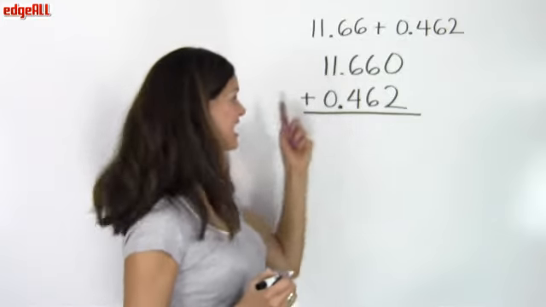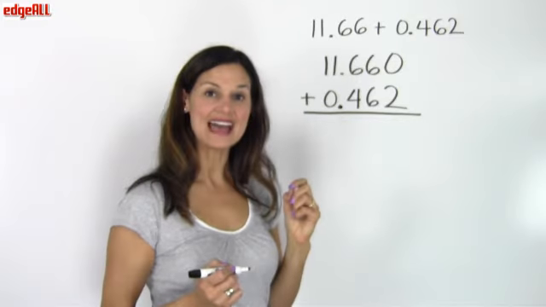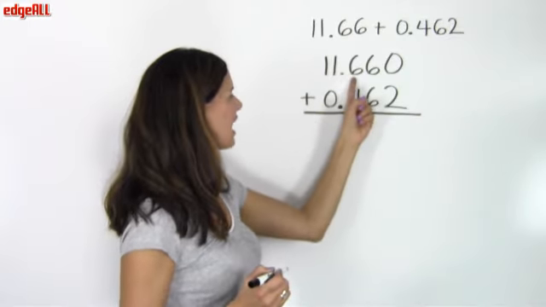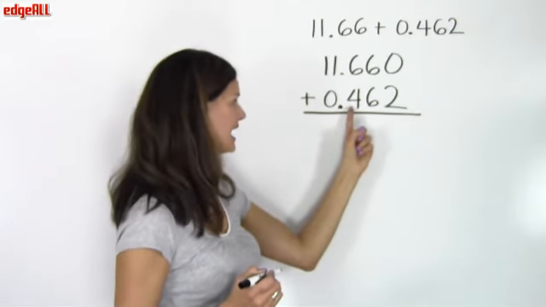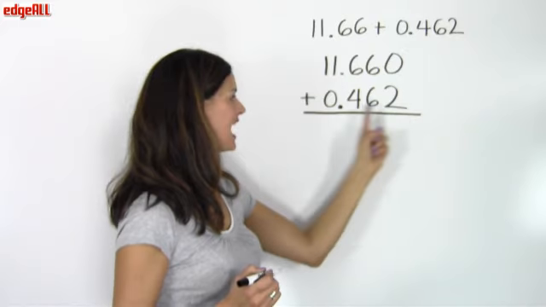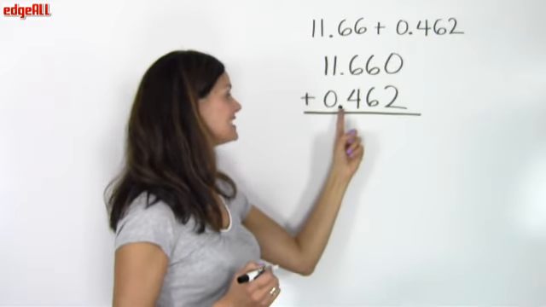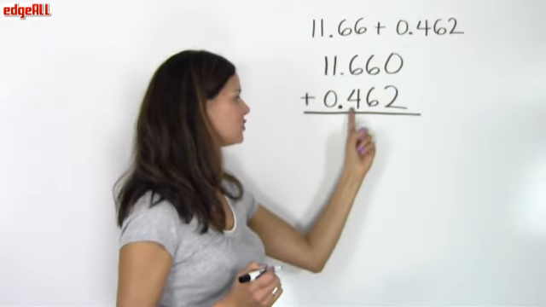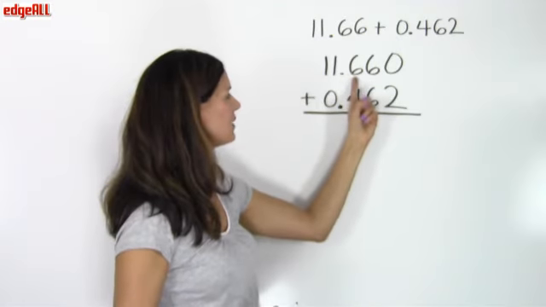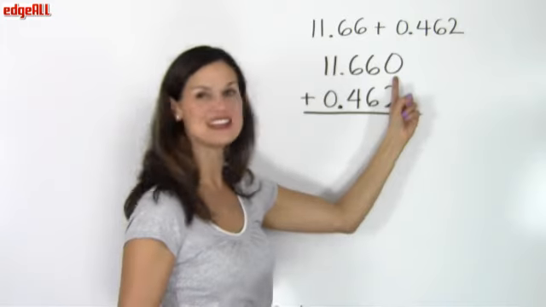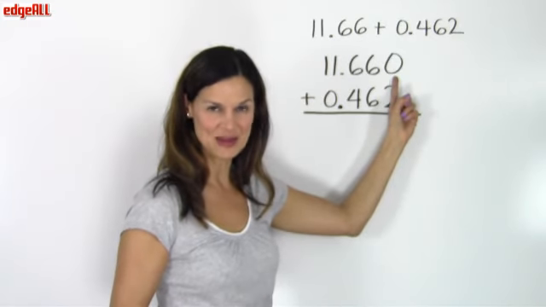I'm just making it easier for me to add because I want to match up the number of digits after the decimal point in both of my numbers. And since this number here had 3 digits after the decimal point, I want to make sure my number up here also has 3 digits after the decimal point.